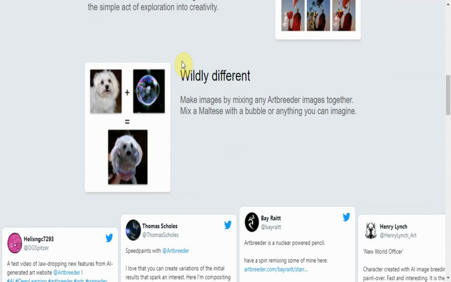Now this is insane, and let me show you something. This image was made by combining the photo, the portrait of a dog, and a bubble to create this image.